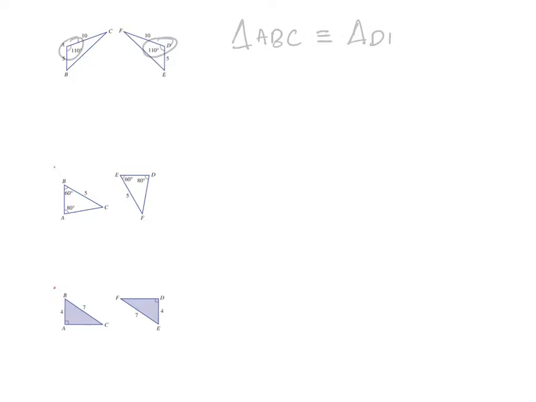So that's the direction that I need to go in the second one. Now, why are they congruent? Well, you can see that that side and that side are equal, and they are in the same spot. They are corresponding and equal. This one here, the 10 and the 10 are also in the same spot, and they are equal. So they're corresponding. So therefore, what's the rule that I actually used? Side, angle, side.